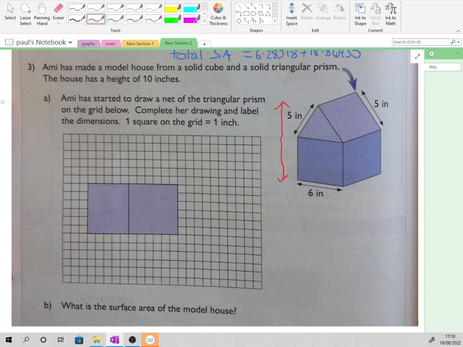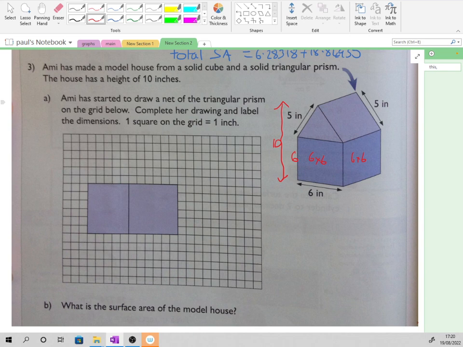Oh look, that's different. What's this? We've got 1, 2, 3, 4, 5, 6. 1, 2, 3, 4, 5, 6. So 6, and what did we say the height was, 10, didn't we? Now this is 6, and this is a cube, so this must be 6 there. So we have a 6 by 6. That's a 6 by 6. So we need loads of them.